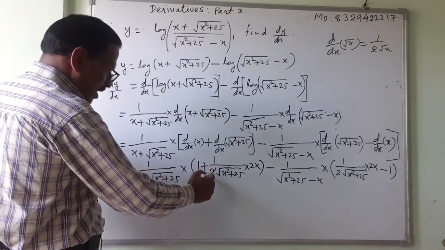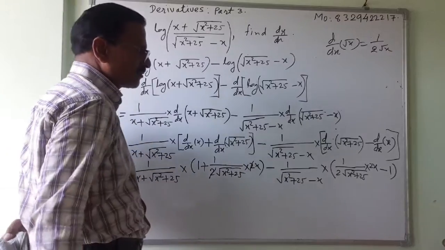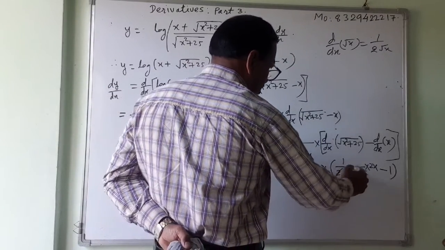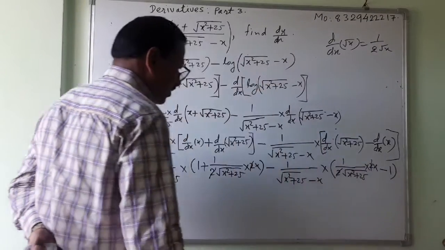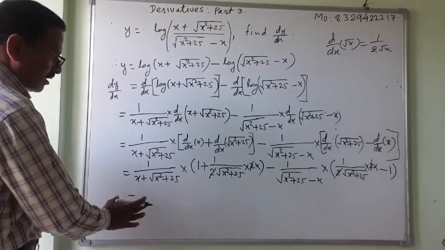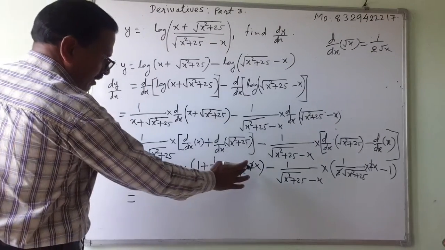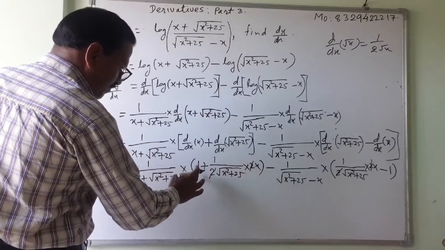Now these two and these two will get cancelled. These two and these two will get cancelled. So what is remaining here? That is x upon this plus 1.